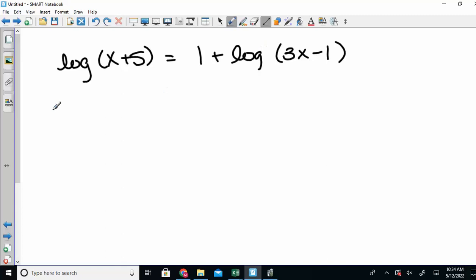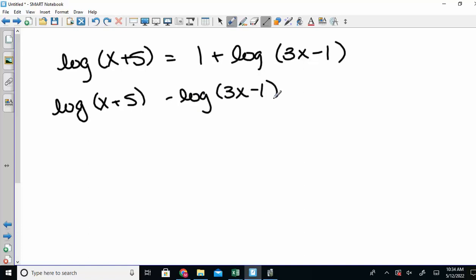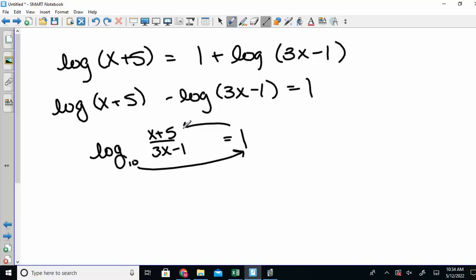Since not everything has a log, we want our logs on one side. If 2 logs are subtracted, how do you combine them? Divide. Since it's only on one side, in order to get rid of the log, we have to use the definition. What is the base of this log? 10. So it'd be 10 to the first equals x plus 5 over 3x minus 1.